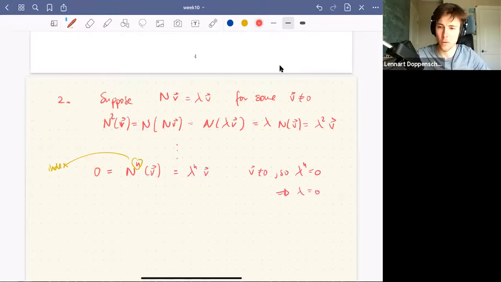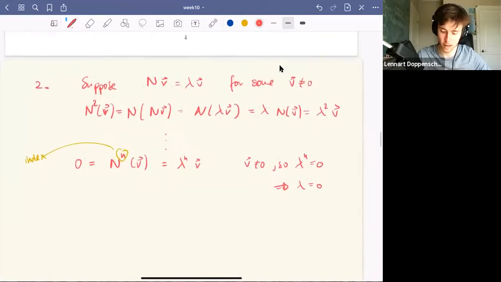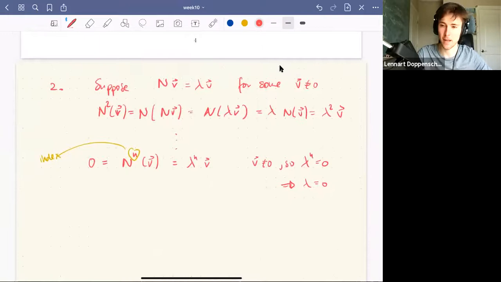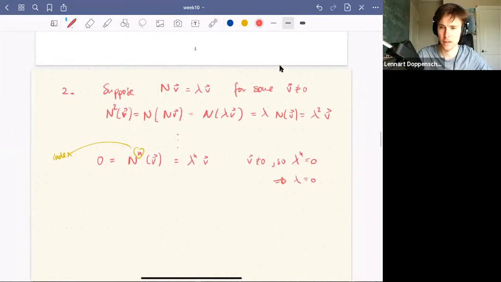So the only eigenvalue of a nilpotent map is 0, and it always has the eigenvalue 0, which is already very interesting, that we can get so many things out of a very plain definition that just says some power vanishes. Any questions?